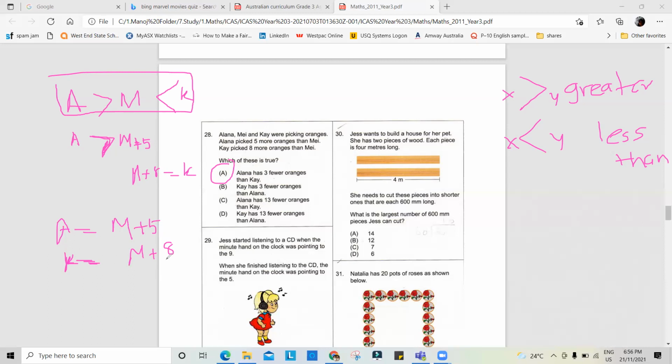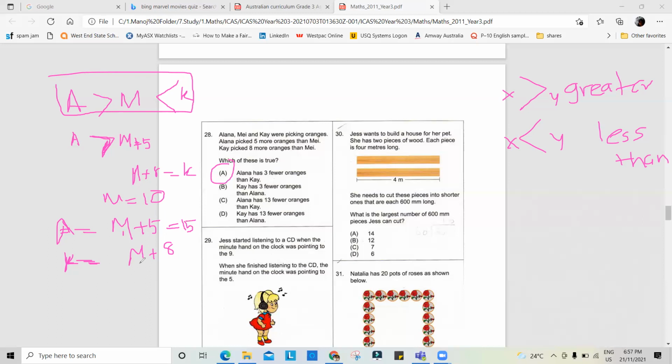No, now see that. May plus 8 equals K, right? And A equals May plus 5. For example, if I said May equals 10, what is Alana's number? You put that here, 10 plus 5, 15, right?